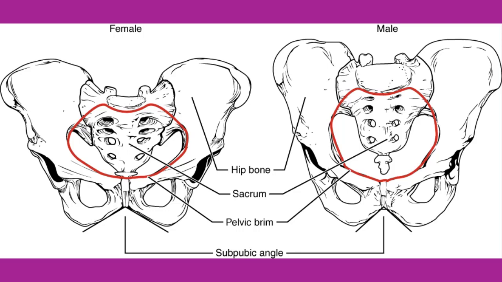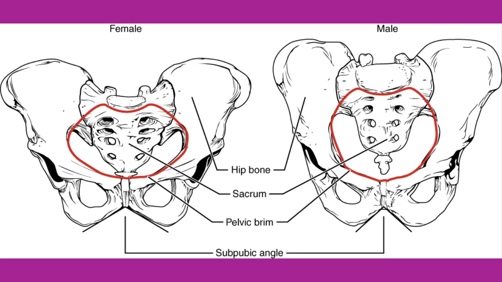If we compare the female and male pelvis, the differences between the adult female and male pelvis relate to function and body size. In general, the bones of the male pelvis are thicker and heavier, adapted for support of the male's heavier physical build and stronger muscles. The greater sciatic notch of the male hip bone is narrower and deeper than the broader notch of females.